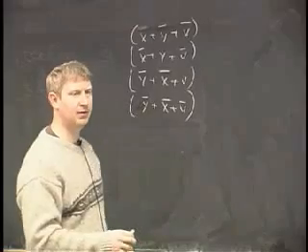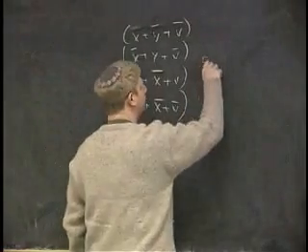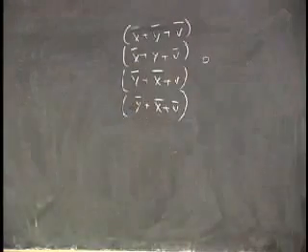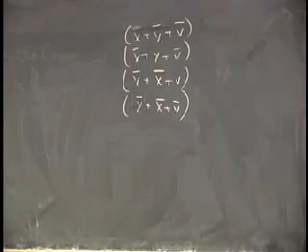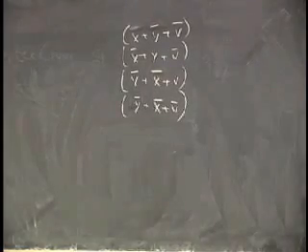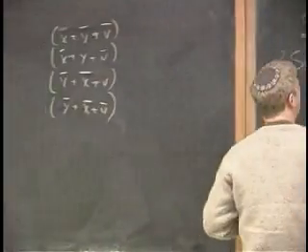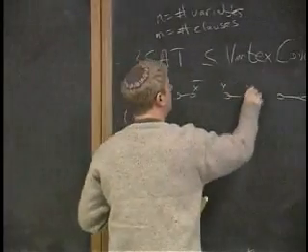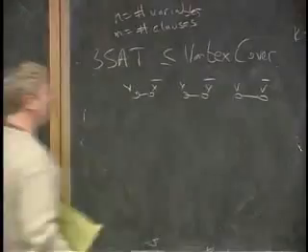How many variables do I have here? I'm going to need more room. I have X, Y, and V. And how many clauses do I have?